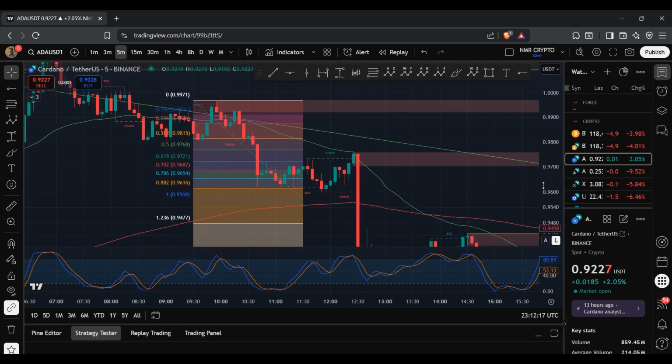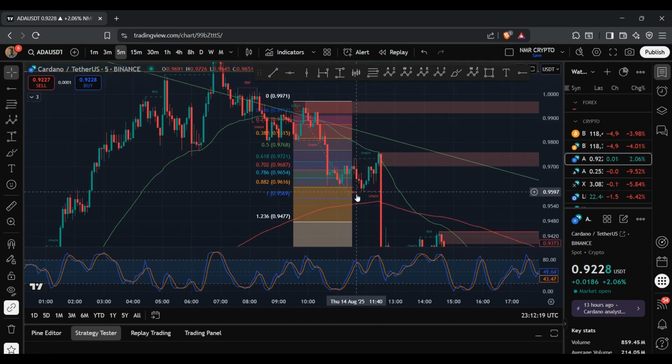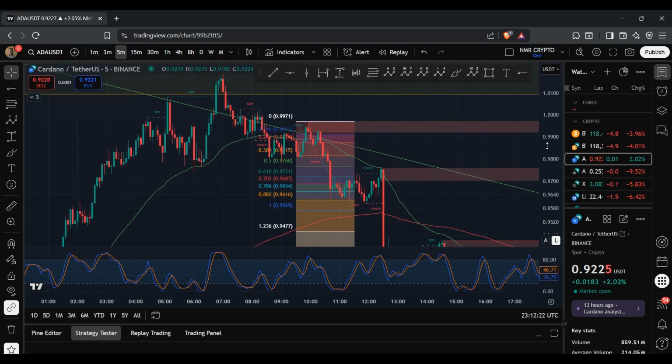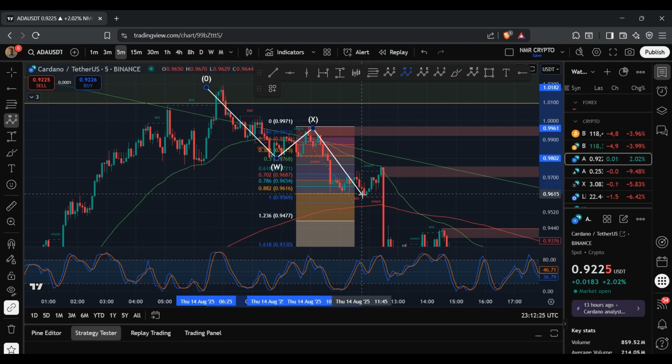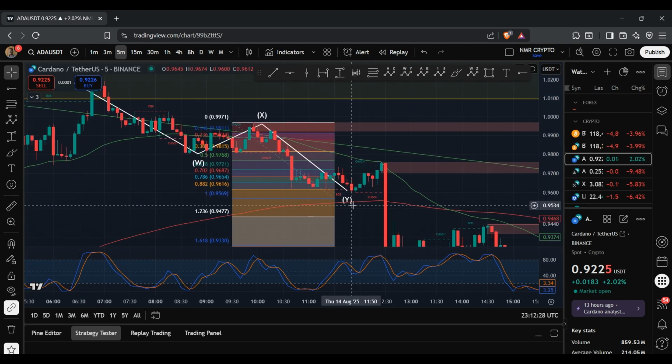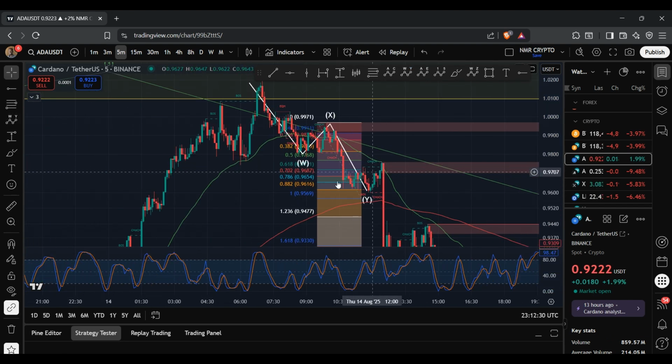And so the WXY structure is still valid despite not tapping into this range here. So essentially this is what ended up forming. And then we had this WXY structure that formed also.